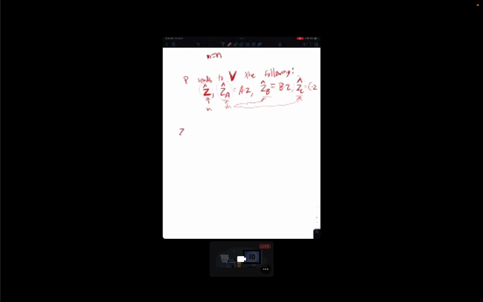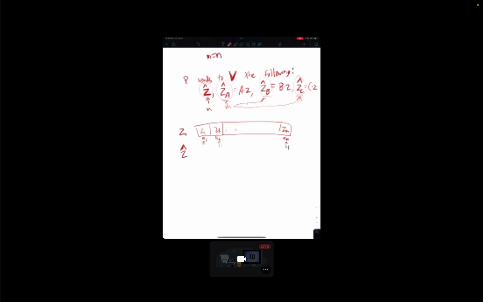How do you go from Z, which is a length n vector, Z1 up to Zn, to the polynomial Z hat? The answer is I'm going to index entries of Z by the nth roots of unity. Let me denote the n nth roots of unity in the field by A1 up to An.